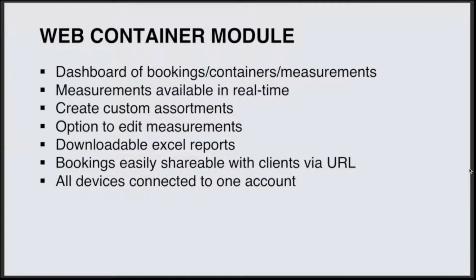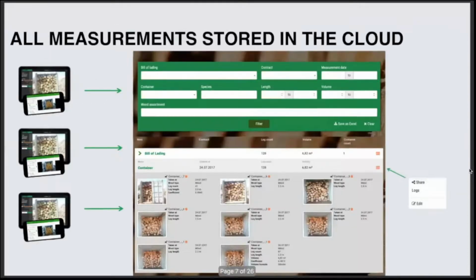So if your company is using multiple devices in your operations, then all the measurements are uploaded to a single account for a very comfortable and good overview of the operations. So as it is shown here, you can have multiple devices and all the measurements are uploaded under one account.